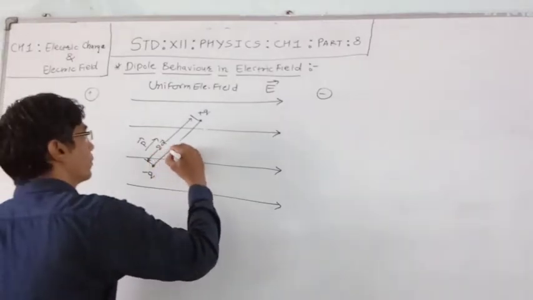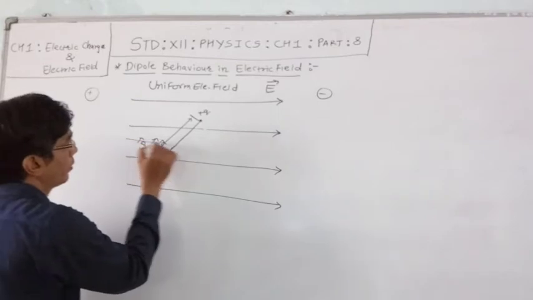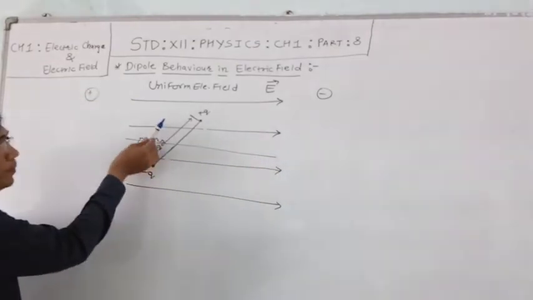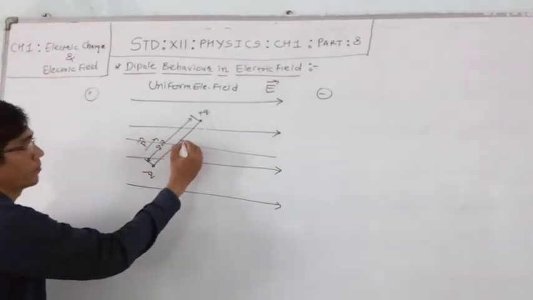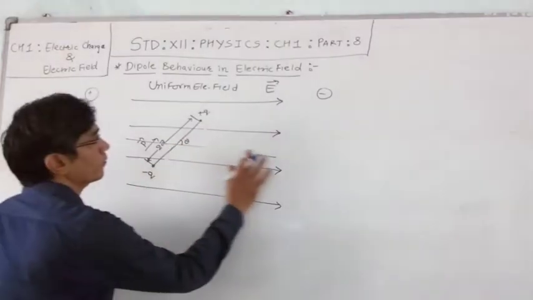Here we can take the middle line. The dipole moment P makes some angle theta with the electric field.